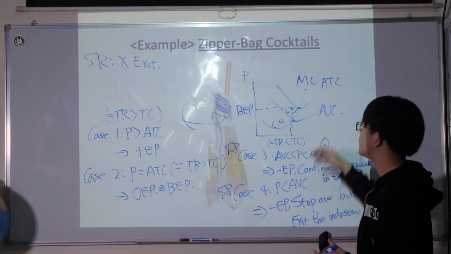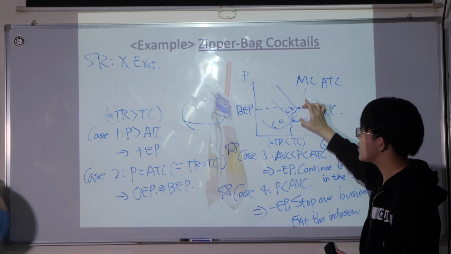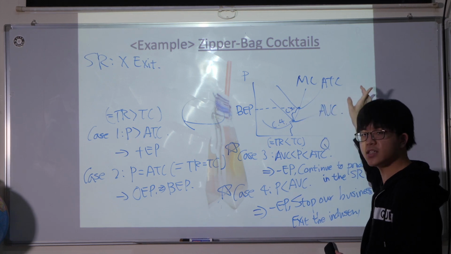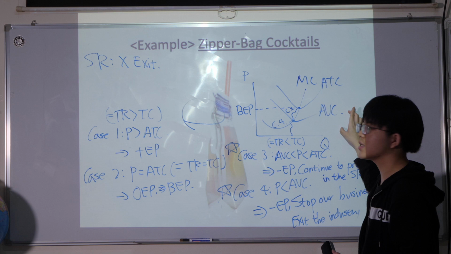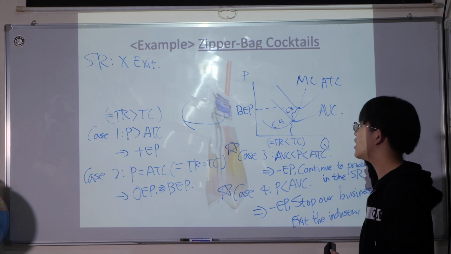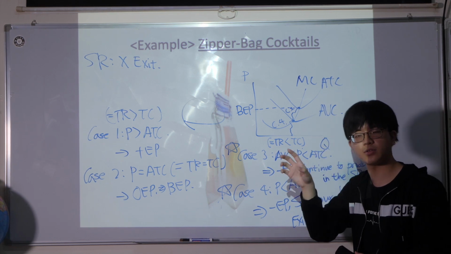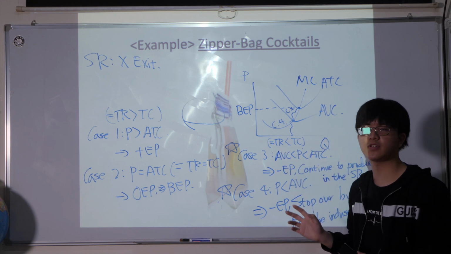Understand? So when the price is within this range between AVC and ATC, the price that firms can receive at least covers the average variable cost, even including some of the average fixed cost.